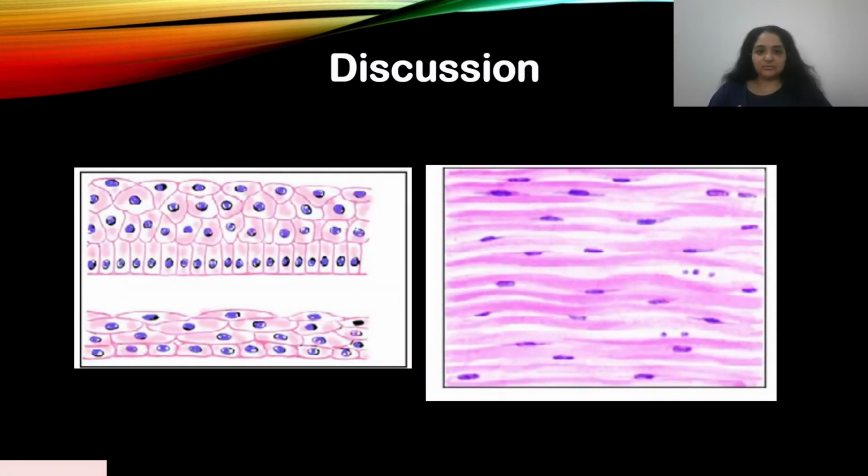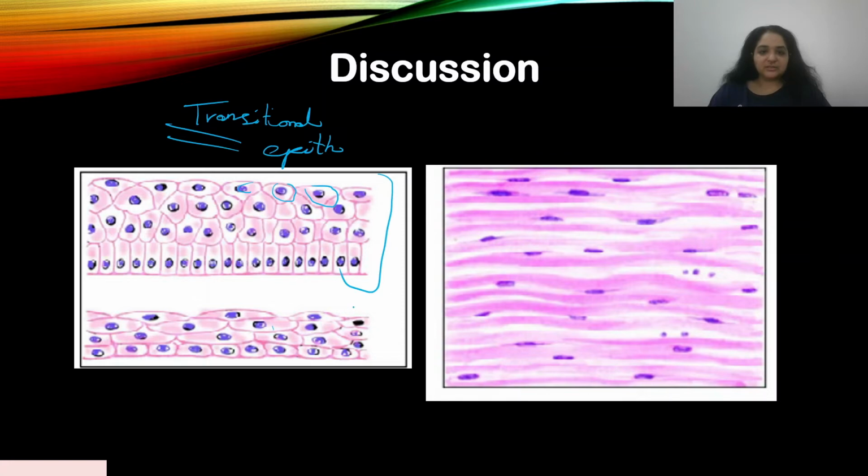Yes. So over here you can see, what do I have here? Can you guess? Transitional epithelium. Okay, this is the layer. You can see the topmost layer is umbrella shaped. The bottommost layer is cuboidal or columnar shaped.